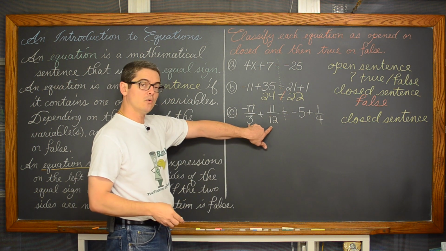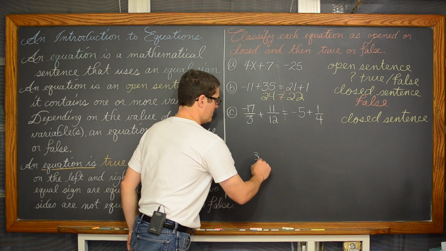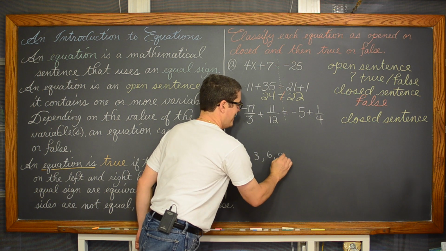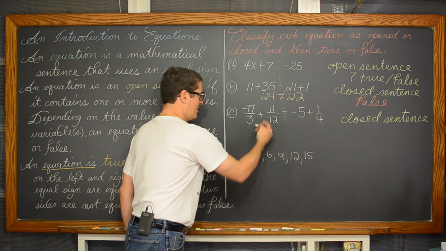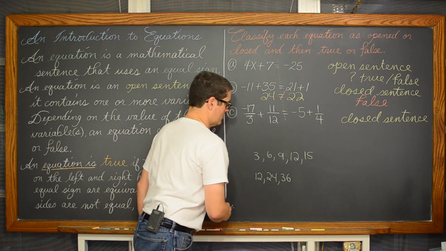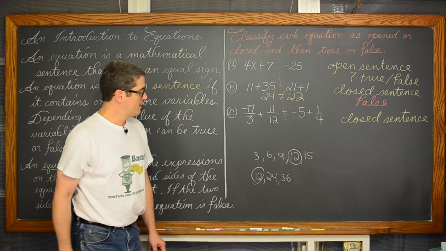We need to find the lowest common multiple between 3 and 12. Well, the multiples of 3 are 3, 6, 9, 12, 15, and the multiples of 12 are going to be 12 and 24 and 36 and so on. Well, we see right here our lowest common multiple is 12.